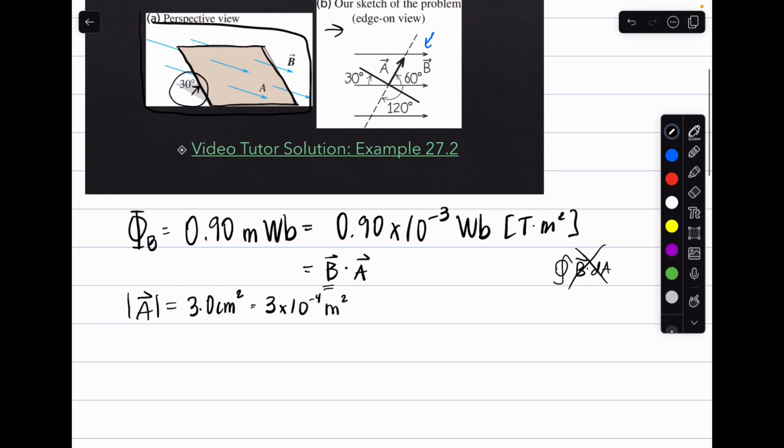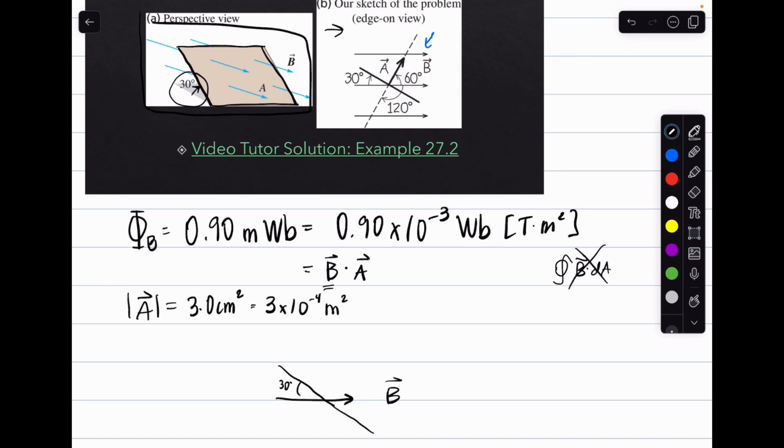So we can draw that as if we make the B vector to the right and leave that in a direction that we fully understand, then the sheet itself, not the area vector, is at an angle of 30 degrees to the B field.